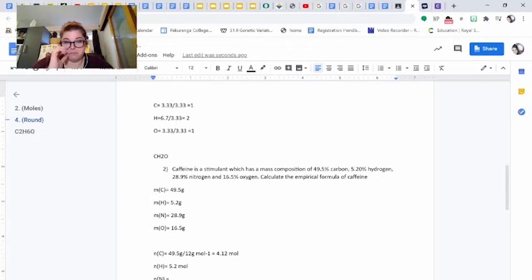Our mole of nitrogen is 28.9 grams divided by the molar mass. I can't remember the atomic mass of nitrogen, I think it's 14. So let's try this.